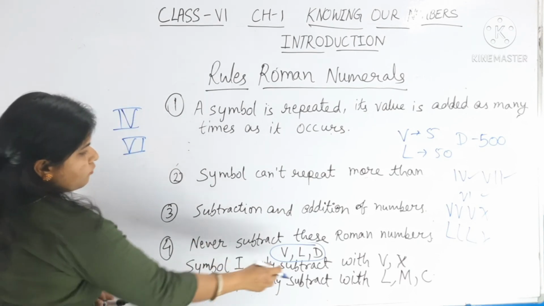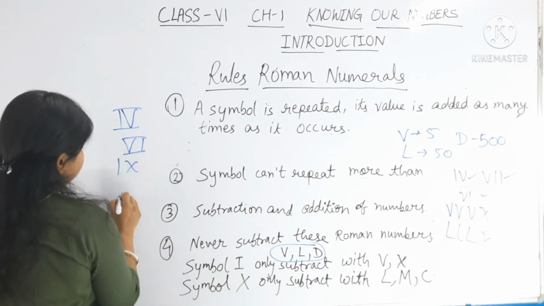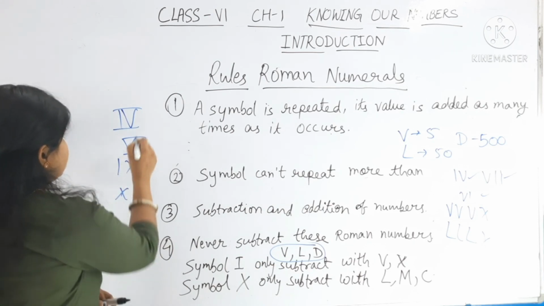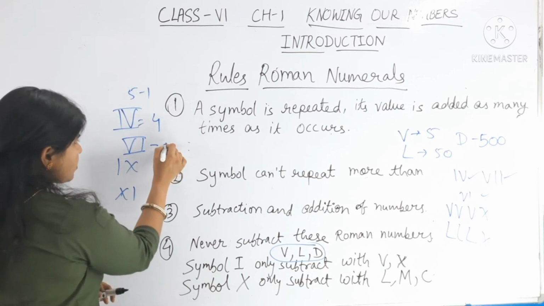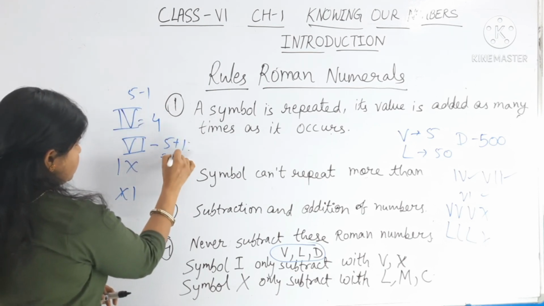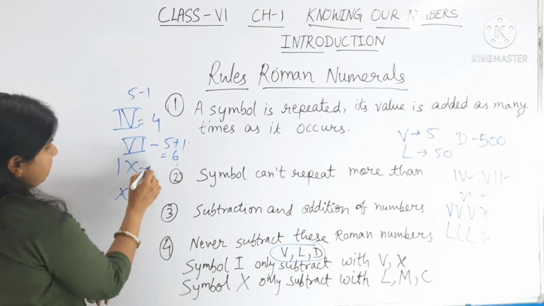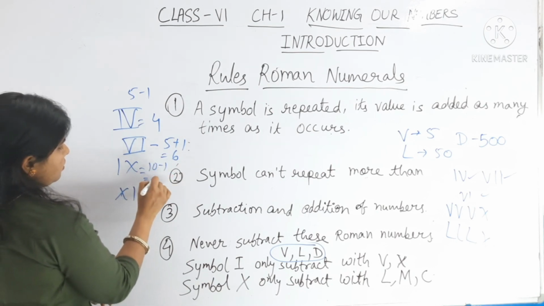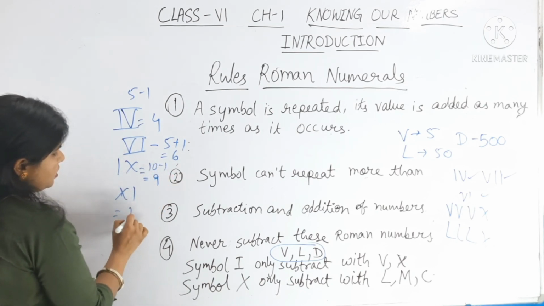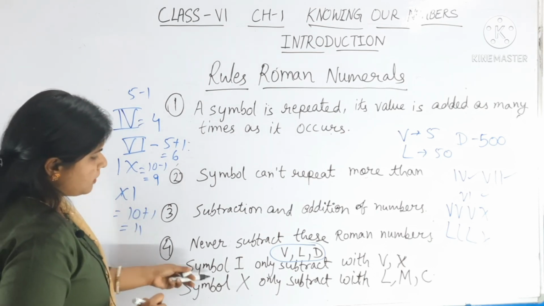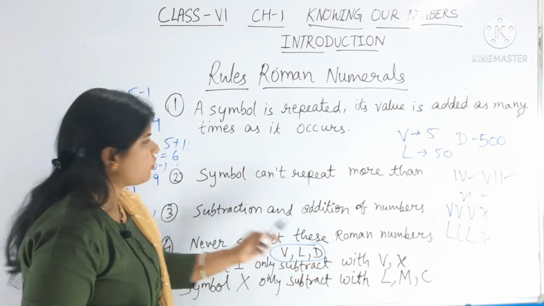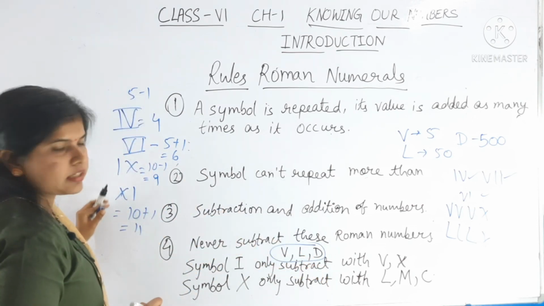For X you can write like this or like this. This is 4, this is 5 minus 1, this is 6, that is 5 plus 1, and this is 10 minus 1 equal to 9, and this one is 10 plus 1 equal to 11. So symbol I is only for subtraction with V and X, that is 5 and 10.